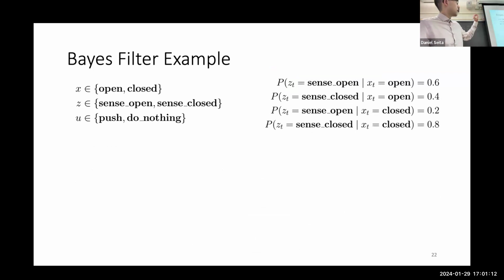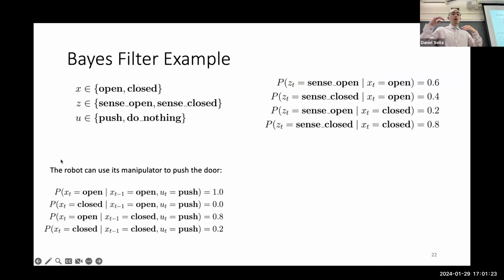All right. So we have the state, the observation, the action, and the sensor model. We will also make some assumptions about the transition dynamics. The robot can use its arm to push the door.